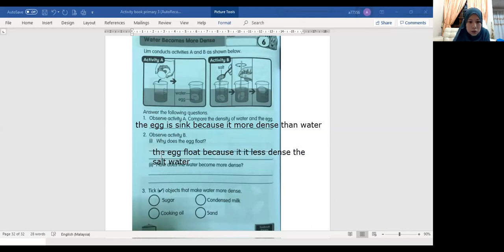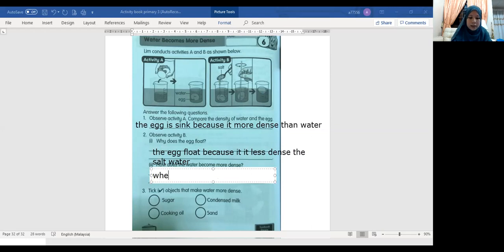Now number 2. How does the water become more dense? Remember, when we put salt, the water will become more dense. So how does the water become more dense?